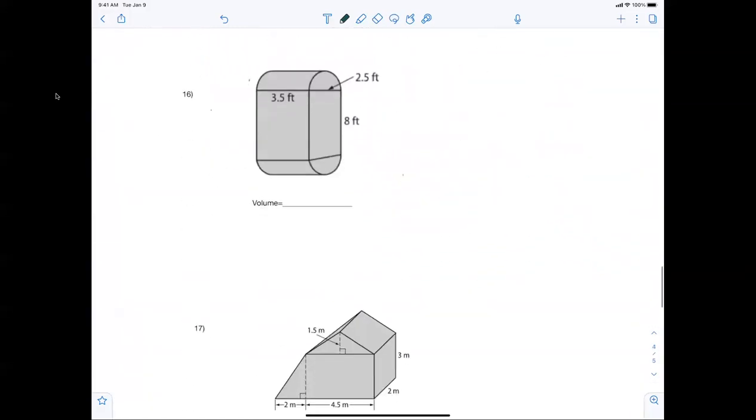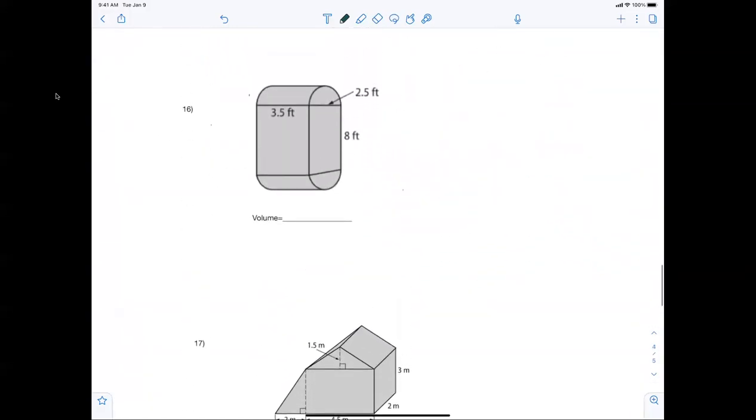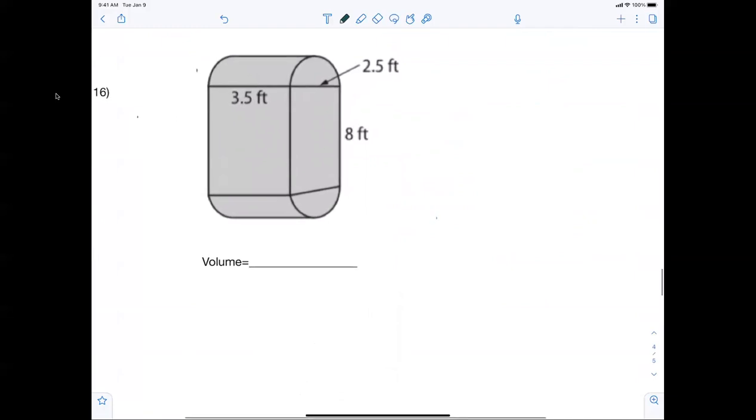All right. So let's take a look at number 16. I want someone to tell me what shapes do we see here? We see a, yes, a rectangular prism. Look, guys, come on now. I never really understood why kids have trouble with this. Yeah, that's exactly right.